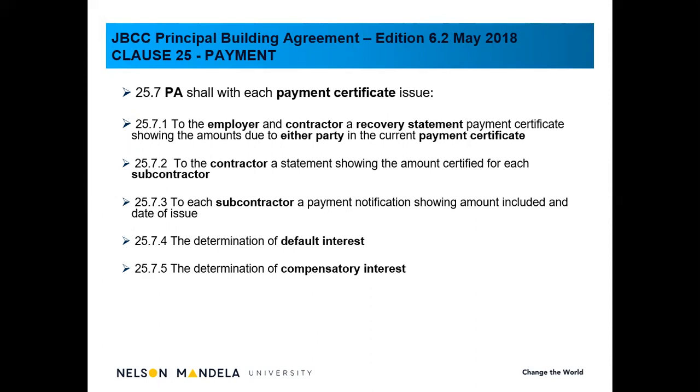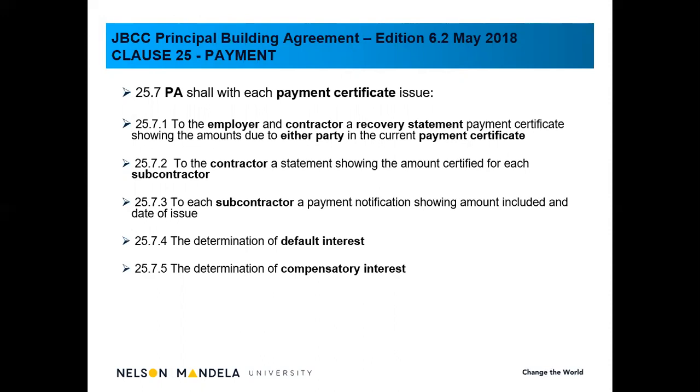Clause 25.7.2, the contractor, part of the payment certificate, we should actually indicate to the contractor a statement showing the amount certified for each subcontractor. And on this specific subcontractor, we refer to as the nominated subcontractors. So the main contractor can't now at this point in time say, well, I didn't receive any money for the electrical.